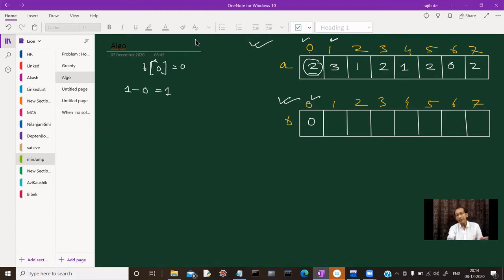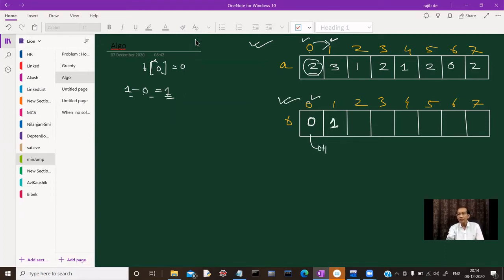So you can make at most 2 jumps, and you require only 1 jump to reach 1 from 0. So it is possible. Here you have solution 0 at index 0. You add 1 because you require 1 jump to reach from 0 to 1. So 0 plus 1 gives you 1. So from 0 to 1, you need 1 jump.